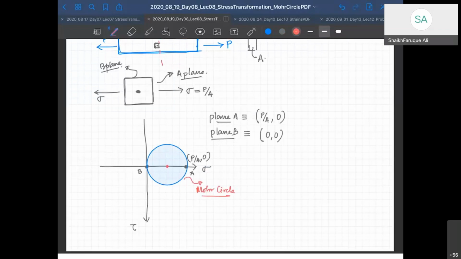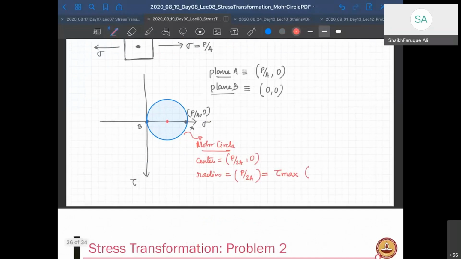Center is P by 2A, comma 0. Radius is P by 2A, which will be equal to tau max at an angle 45 degree, right?